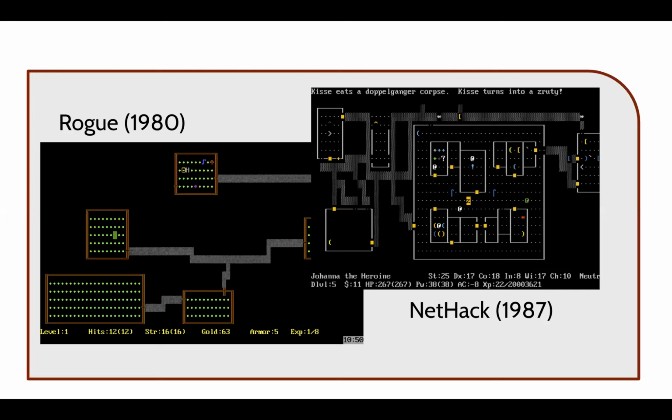But they have this characteristic called permadeath, which means if your character ever dies, and there are many ways to die in these types of games, you have to start over completely from the beginning. So when you play these games, you'll find yourself playing the early levels very often, repeatedly.